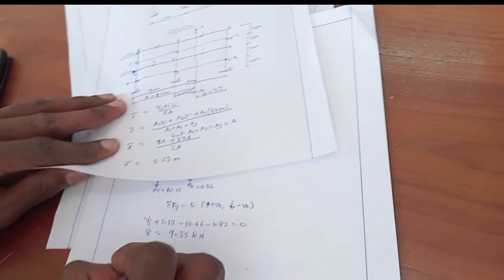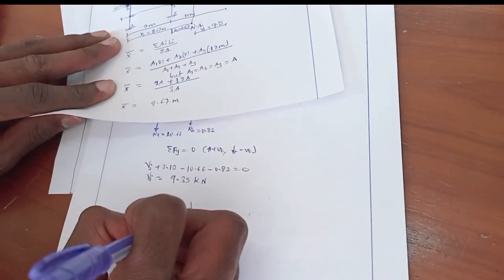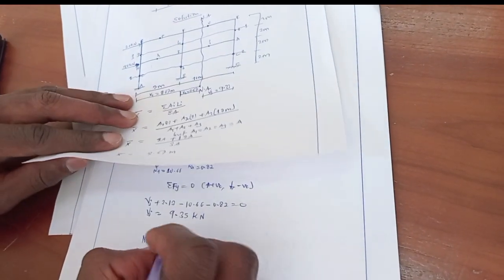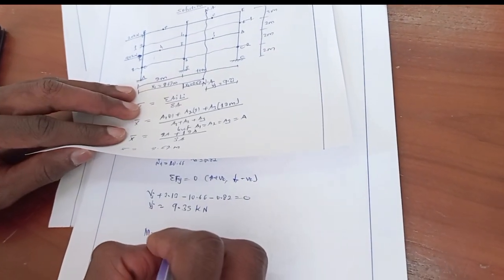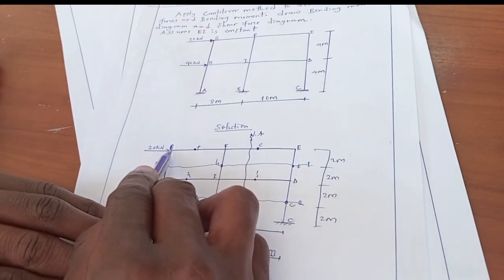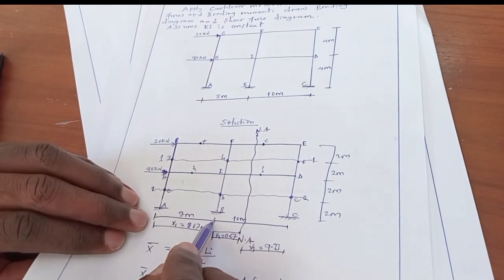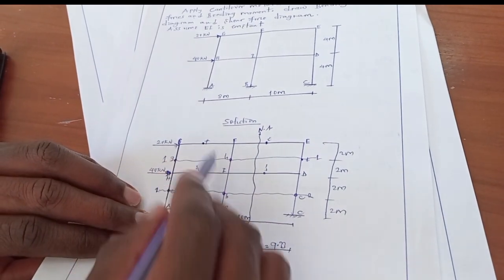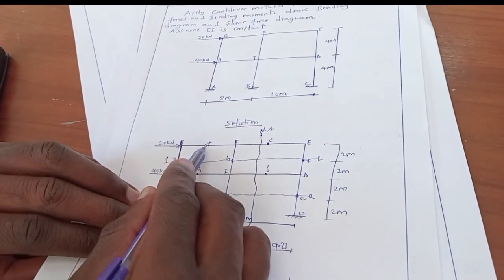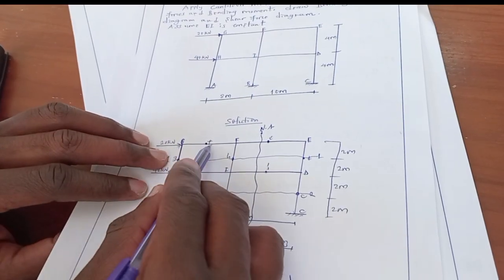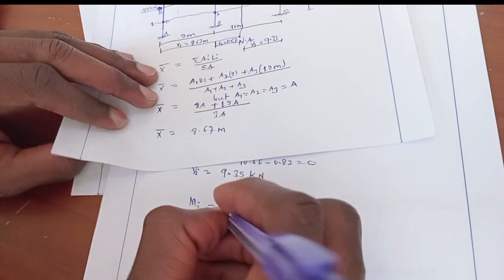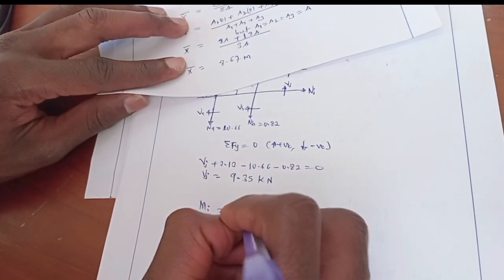In order to obtain MF, it will be VF, shear force at F, times its distance from the point of inflection to the rigid joint, which from this point to this point is 4 meters. Therefore, it will be VF times 4 meters.